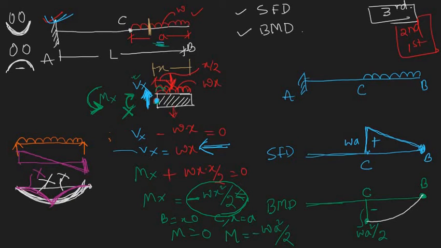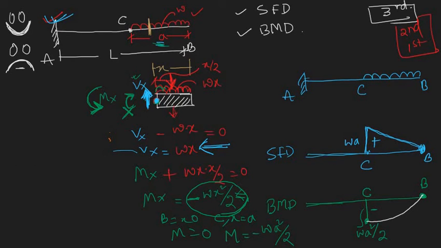So just like that, what was the governing equation? Can you remember? Yes, dM/dx is shear force. So the slope of the bending moment diagram should be equal to the shear force. That means if shear force increases, the slope of the bending moment diagram will also increase.